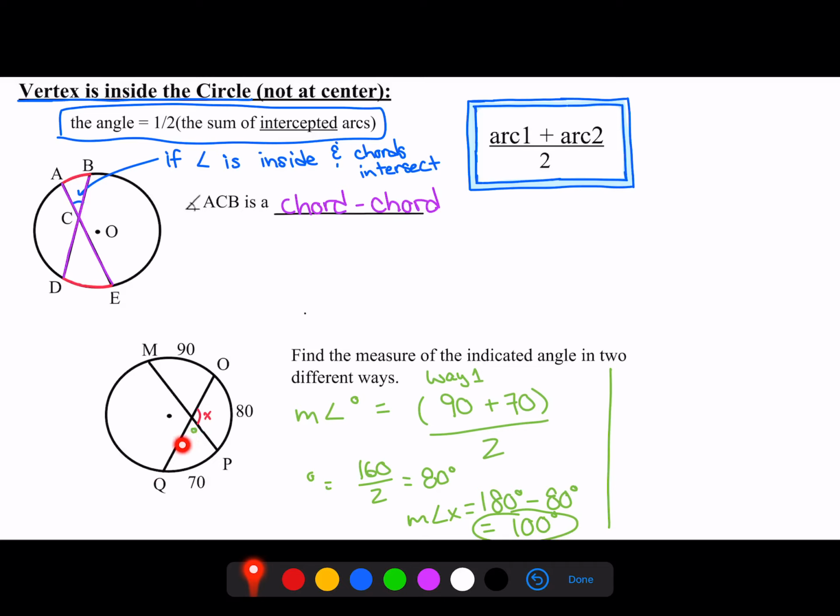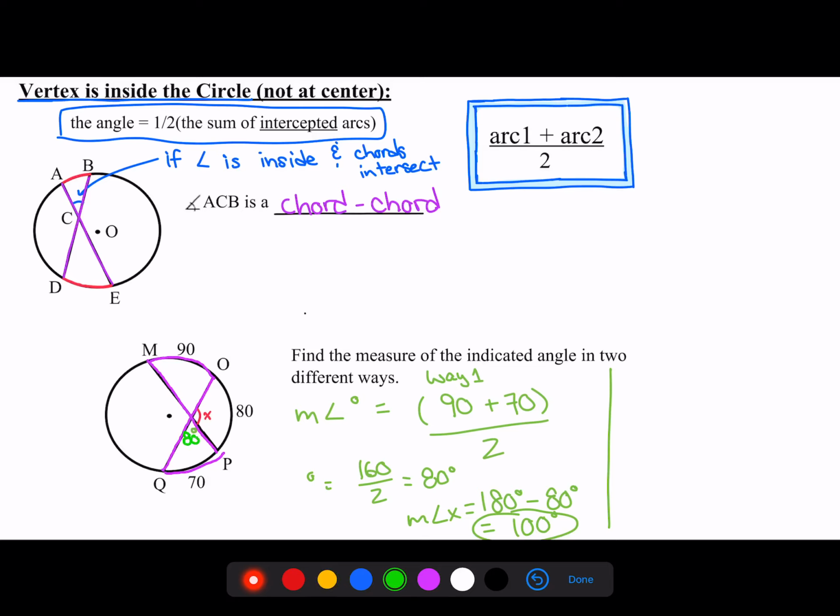Since OQ is a straight line, I can use supplementary angles to find angle X. The measure of this green angle is equal to the arc that's facing, 70, plus the arc that it's also facing, 90, because these chords are intersecting these two specific arcs, and then I divide by 2. 90 plus 70 is 160, divided by 2 is 80, so this green angle is 80.